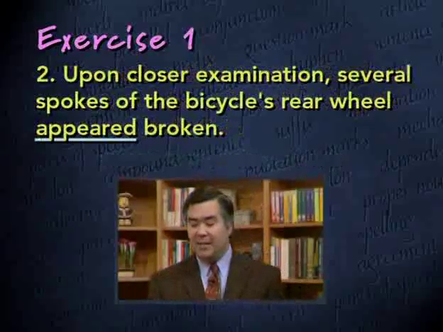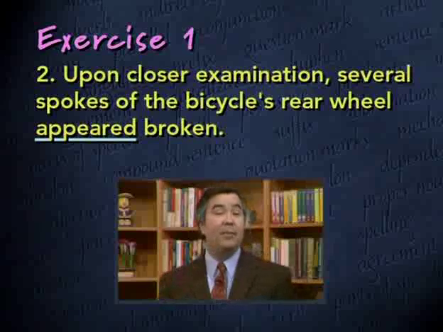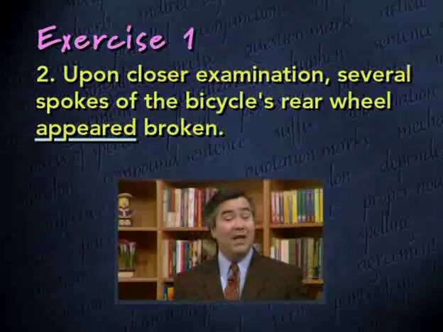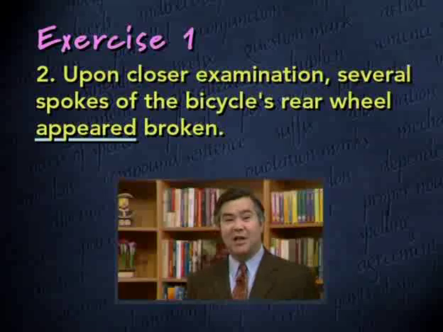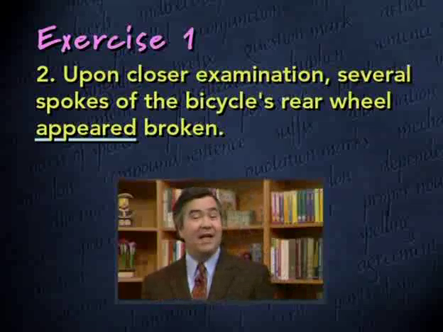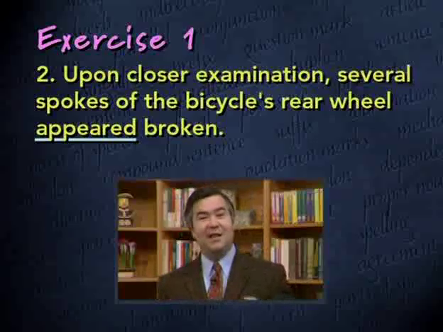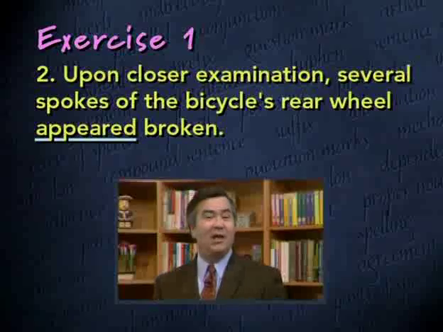Upon closer examination, several spokes of the bicycle's rear wheel appeared broken. In this sentence, the verb appeared is underlined. Let's begin by asking, what's the subject of the verb appeared? The answer is the word spokes. Don't be misled by the fact that several words come between the word spokes and the word appeared.